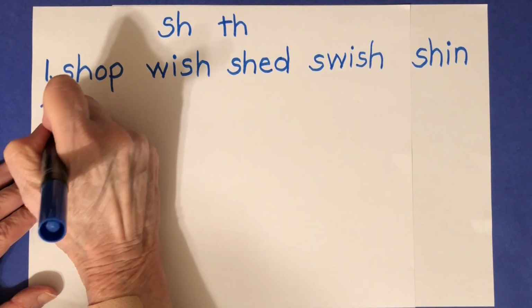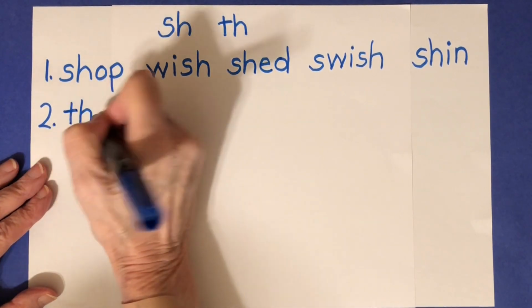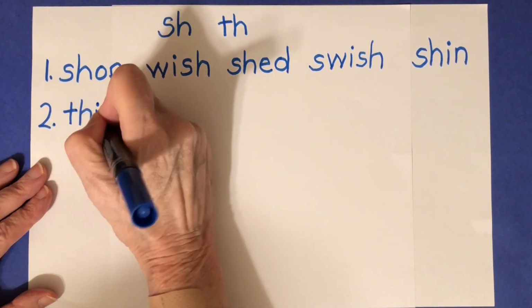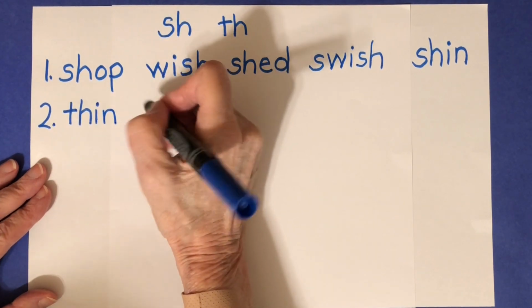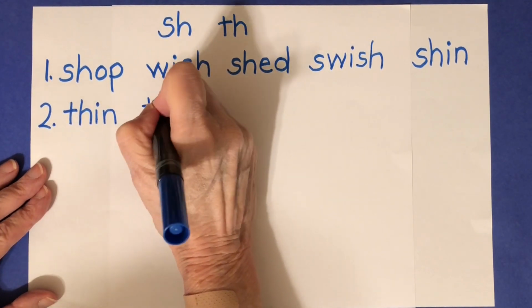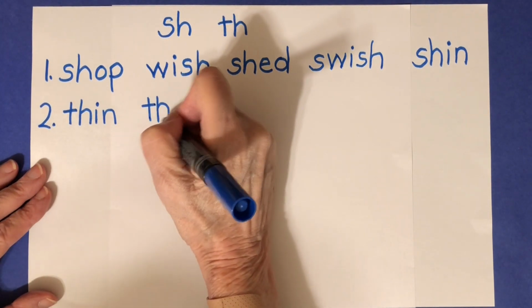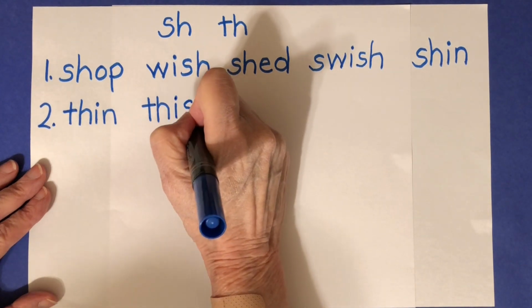Let's do our second word line. Ready? This is the whispered thimble sound. Th. I. Thin. Thin. Good. This is the voiced TH sound. V. I. This.